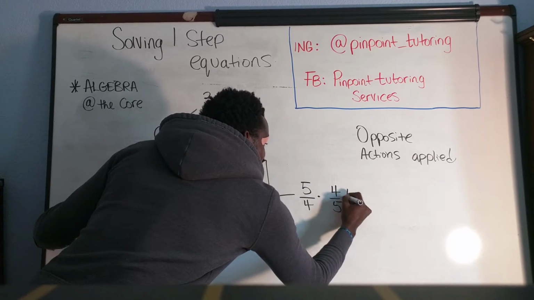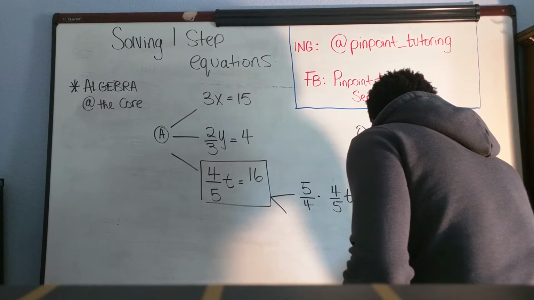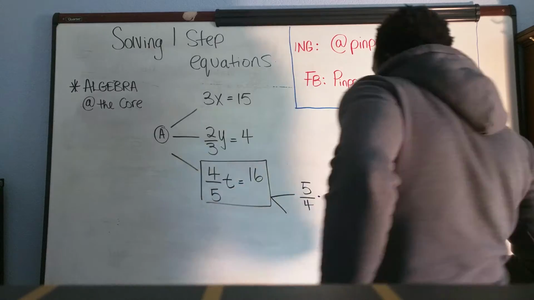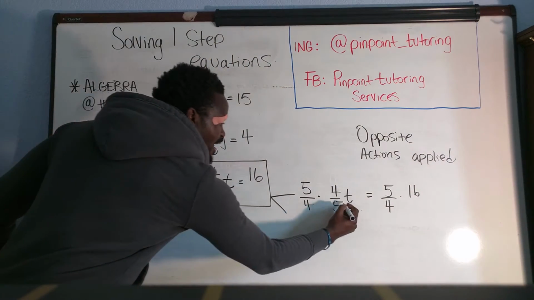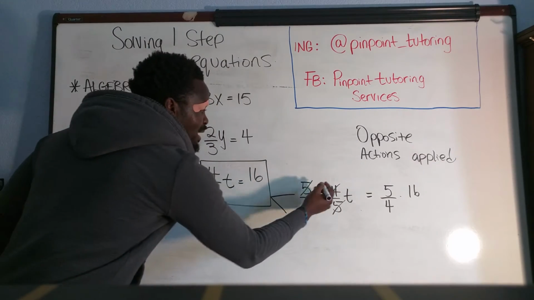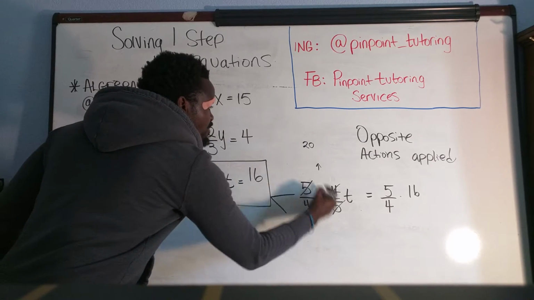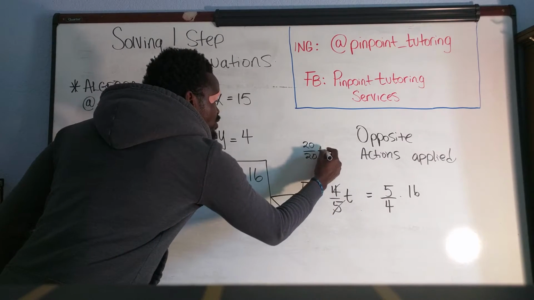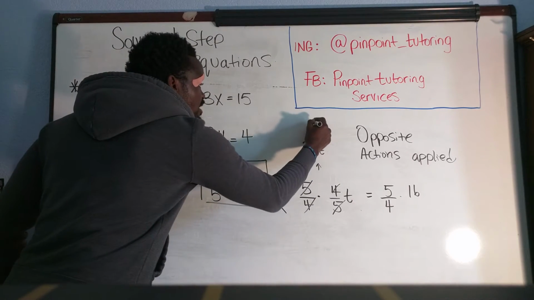So if I multiply 5/4 on the left side, then I have to multiply 5/4 on the right side. And when I do that, notice that this 5 and these 5s cancel. And this 4 and this 4 cancel. Or if you multiply it out in a different way, 5 times 4 is 20, 4 times 5 is 20, and then you have 20 over 20 t, which is really just 1 times t, right? And 1 times t is just t.